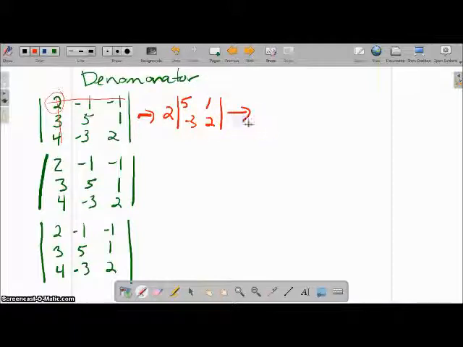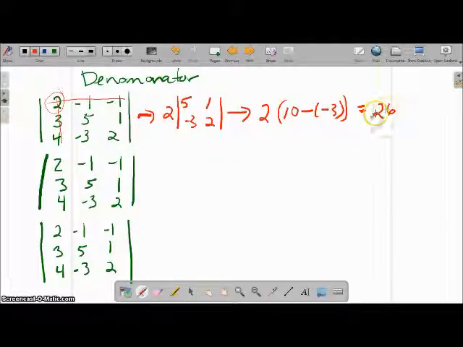So this determinant, you know how to multiply this out. This is 5 times 2, which is 10, minus a -3. Now this is what this determinant equals, and we're going to multiply that by 2 when we're done. Now when we do that, we are going to get 26 for the answer for this.